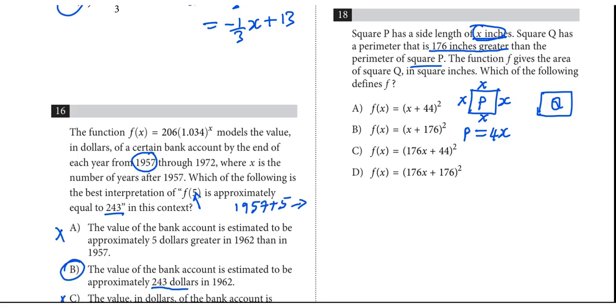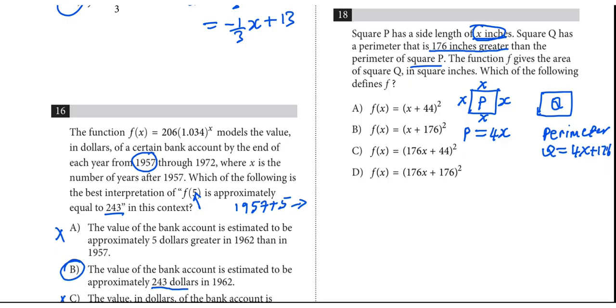So this is the perimeter of square P. And the perimeter of square Q is 176 greater, which means that the perimeter of Q will be equal to 4x plus 176. Good.